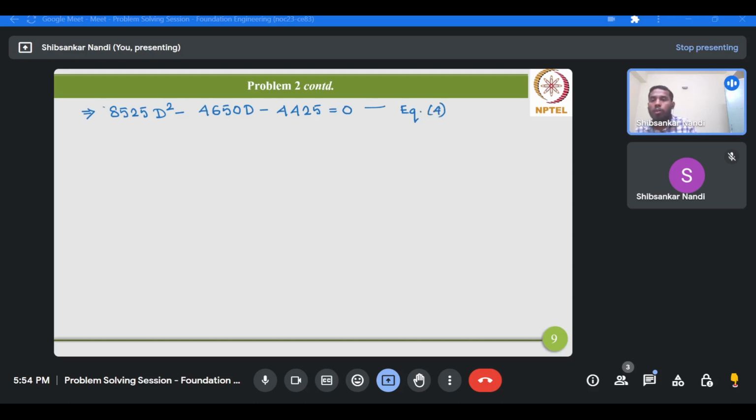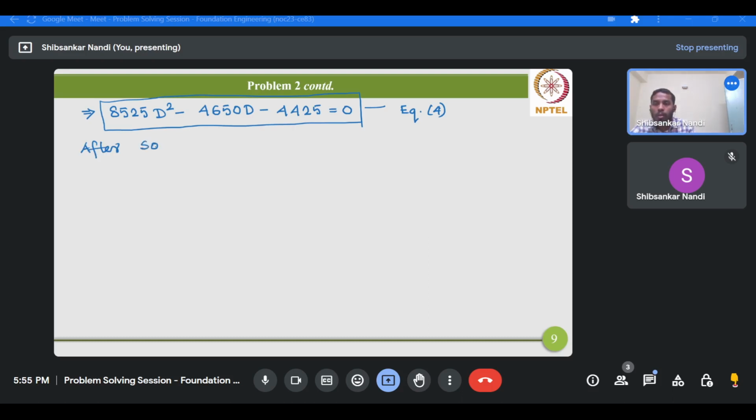After algebraic simplification we have got equation 4, which is nothing but a simple quadratic equation in D. So if we solve this equation, we can easily determine the value of D. I am not solving this equation here, so you can solve it at your home.